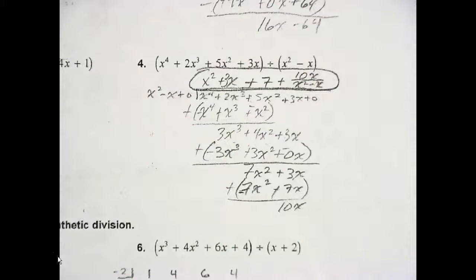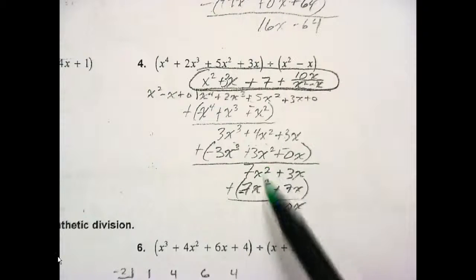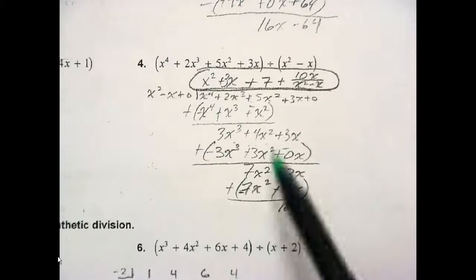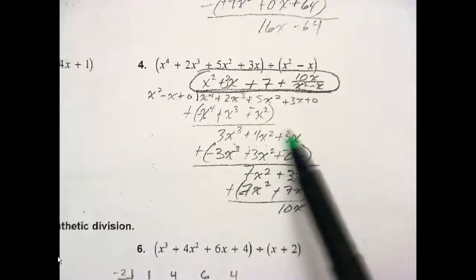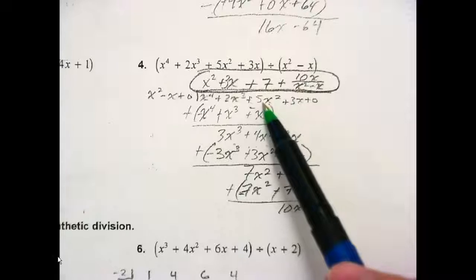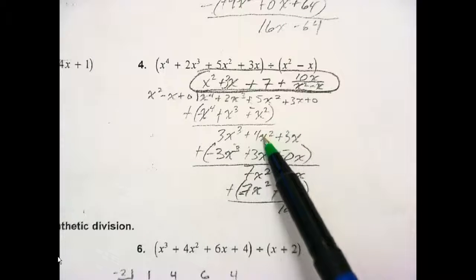Any questions on those two? Yep. Second to last step, we have 3x cubed plus 4x squared plus 3x. How'd you get the 4x squared? Right, 5x squared minus x squared. Oh, yep.